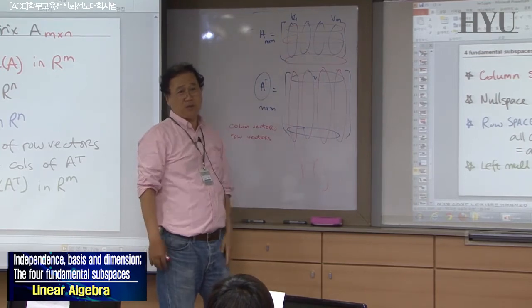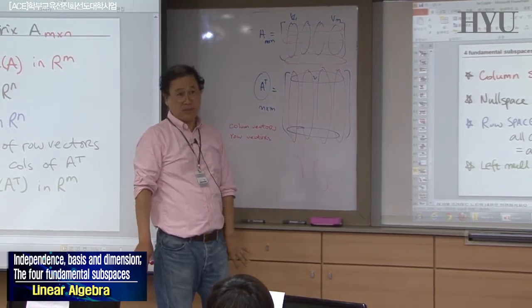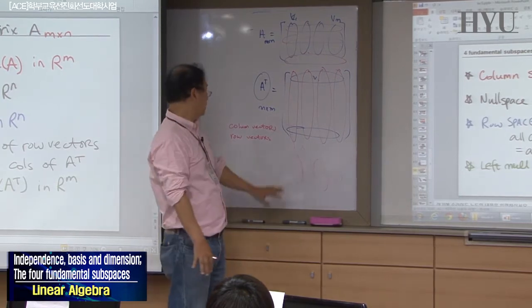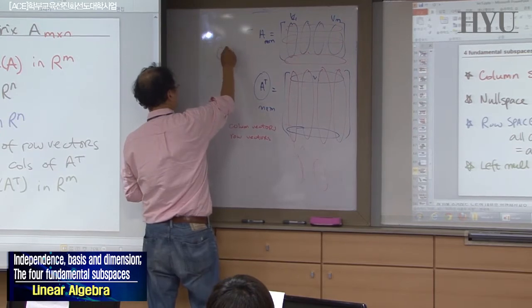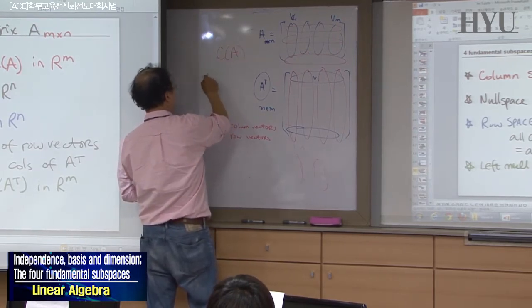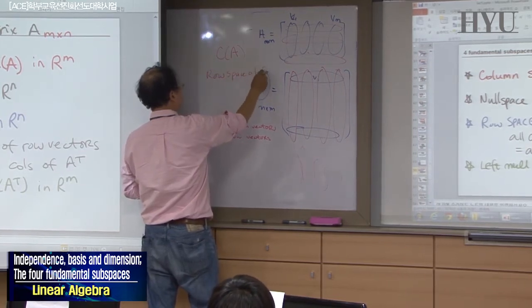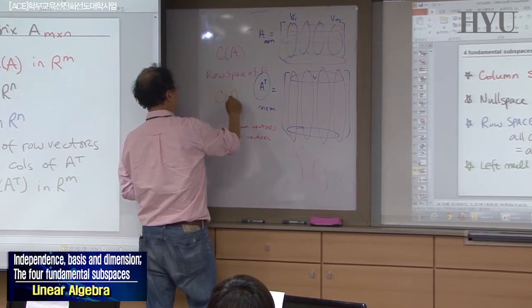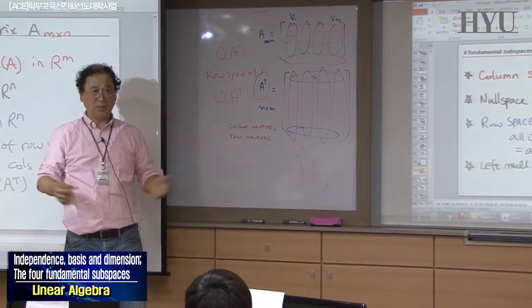It's almost the same concept. So this is the column space of A, and the row space of A is the column space of A transpose. The concept is simple.